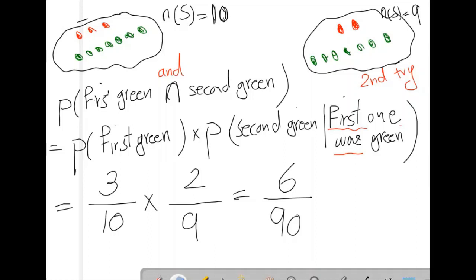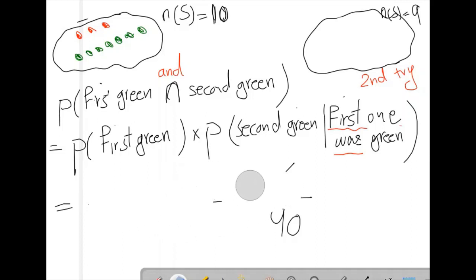So in the first try, we have 10 candies in total and 7 in green.